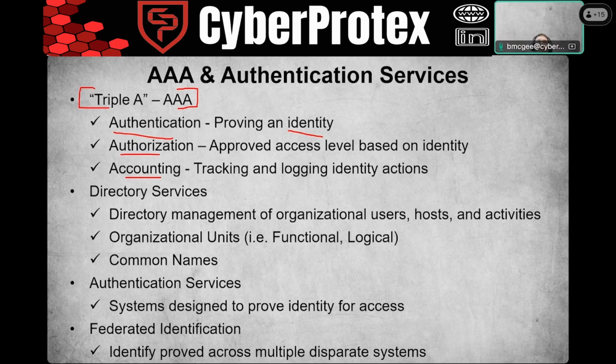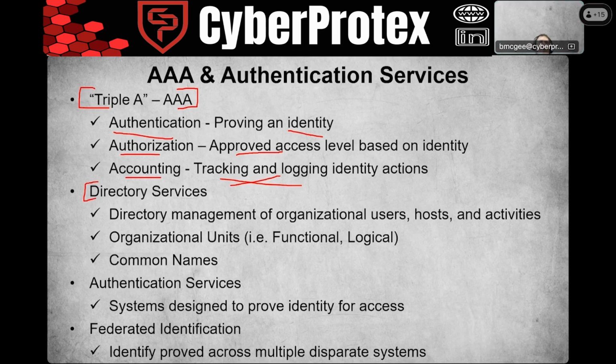And then, when you are authenticated, what do you have access to? Like, what are you authorized to have access to? And then everything that you're doing on the network is monitored. And typically, this is governed through what we call directory services.